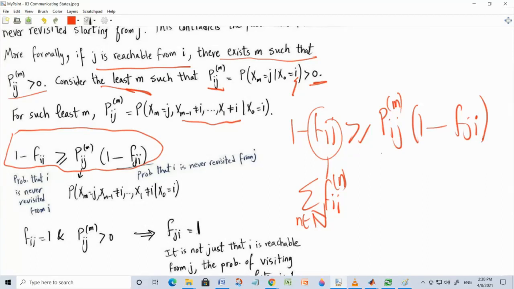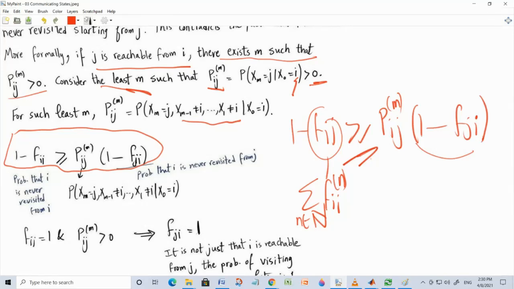To never come back to I, this can happen by going from I to J or I to K or I to V. You should have some sort of law of total probability and sum over all possible transitions from I. So we will just focus on going from I to J. That's the reason I have here it's greater than or equal to going from I to J, and then from J, you never come back to I in any finite number of steps.